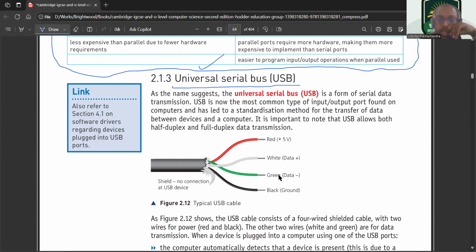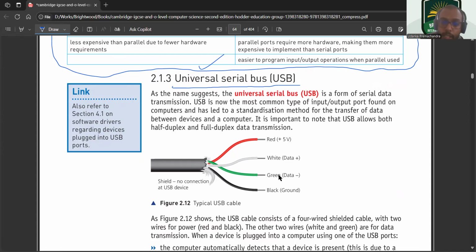USB is now the most common type of input output port found on computers, which has led to a standardized method of transmitting data between devices and the computer. All of us now use a USB drive.